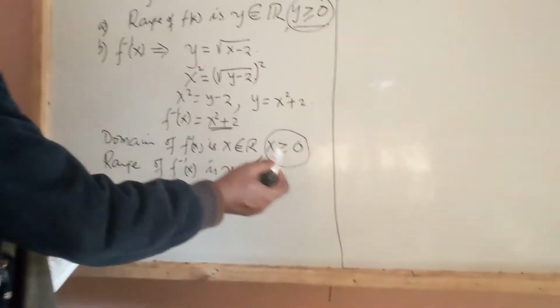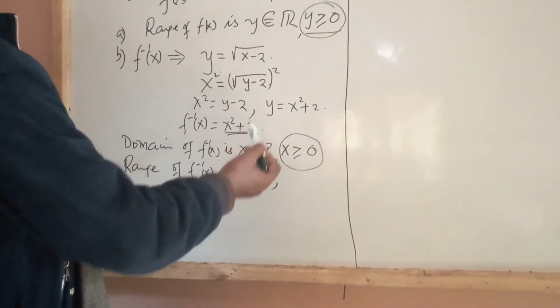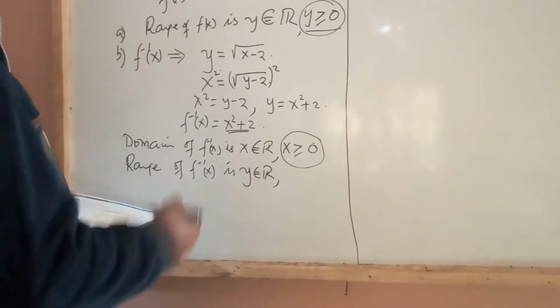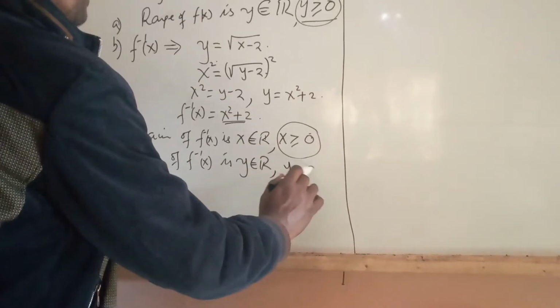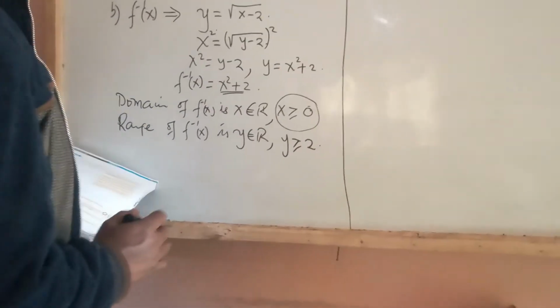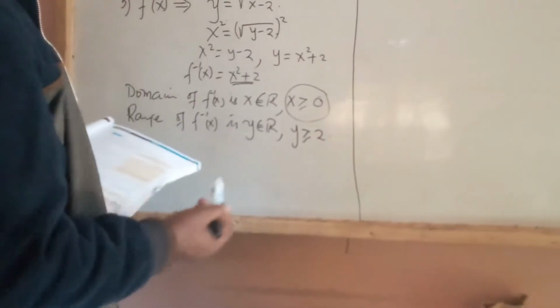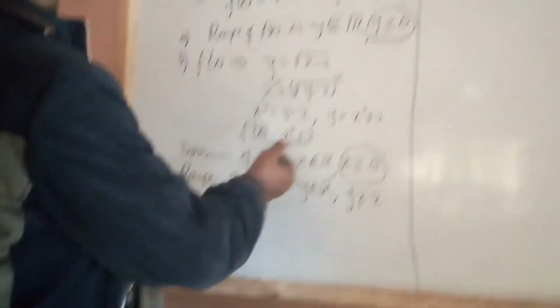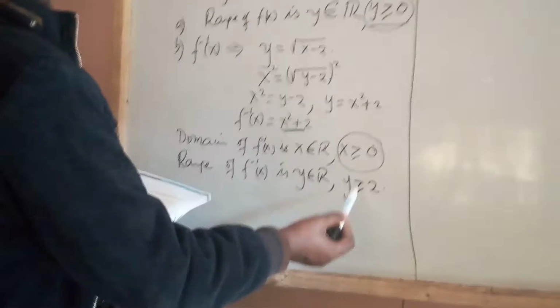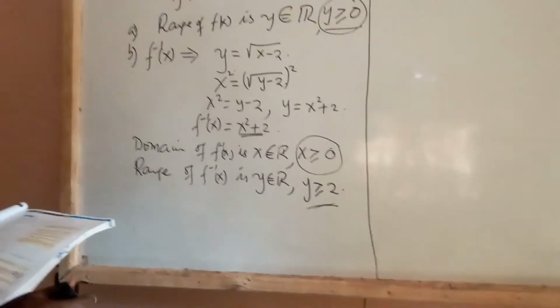So we substitute x being 0 here, and of course we get 0 plus 2 equals 2. That now becomes the range of the inverse function, meaning that beyond 2 it can be anything. For example, if we put x to be 1, 1 squared is 1, plus 2, the inverse function gives us 3. So we are well within our range.